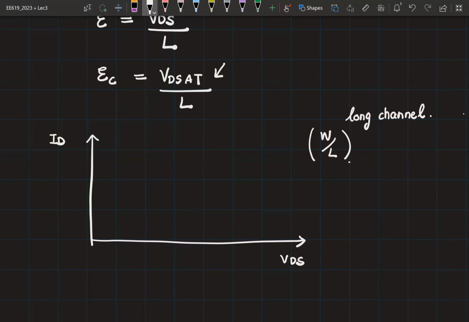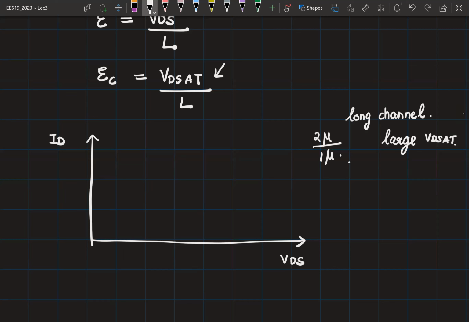Is it large or small? Because VDSAT is proportional to critical electric field into length. So if I take a long channel, my VDSAT will also be larger. Okay, and it has a particular W by L. The length is large, but W by L remains the same. So for example, I could be looking at numbers like 2 micro by 1 micro.